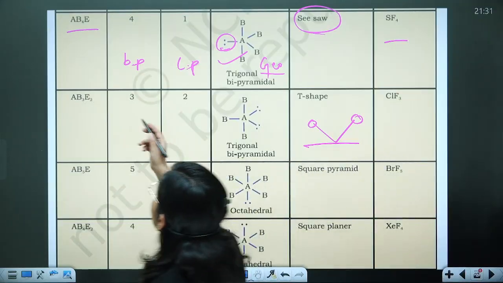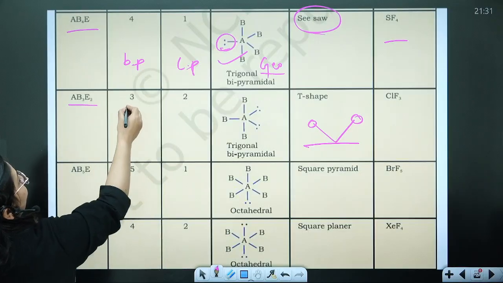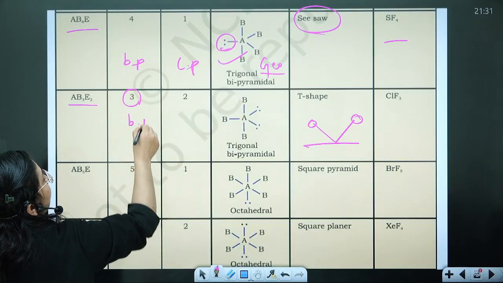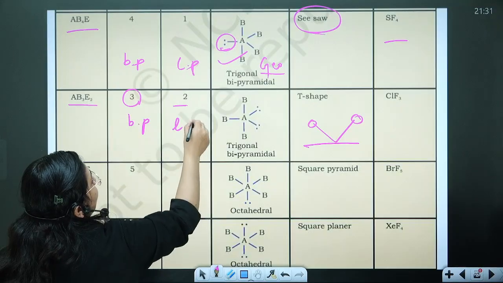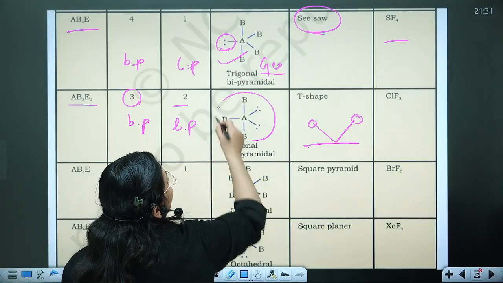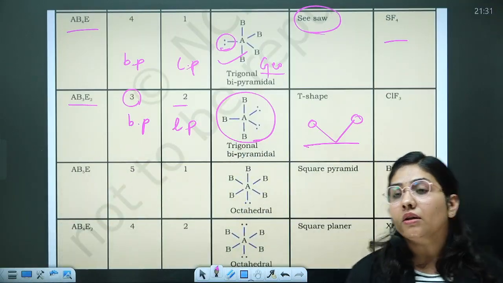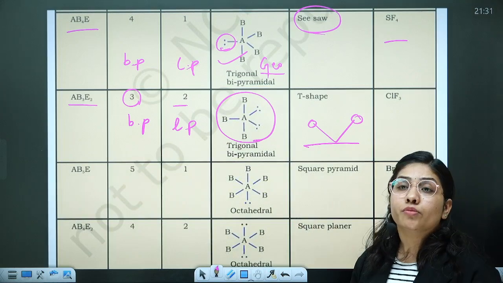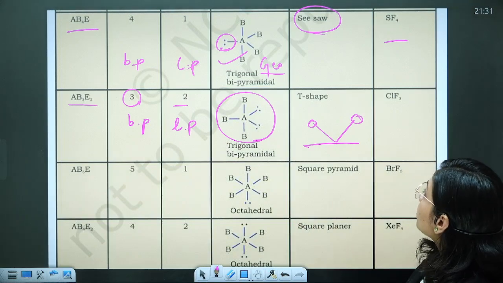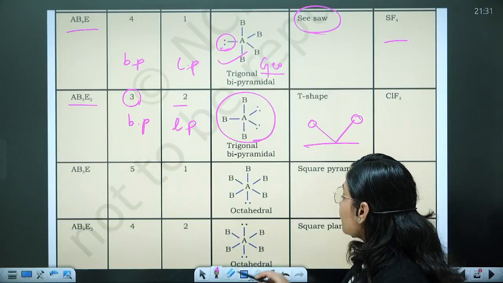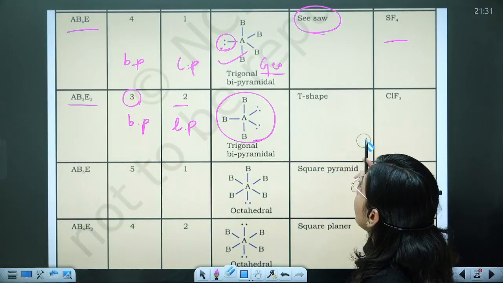Come to the next. Here AB3E2: 3 bond pairs are present, 2 lone pairs are present. They will be arranged like this. This is trigonal bipyramidal geometry. But here also you will see that shape and geometry are different.